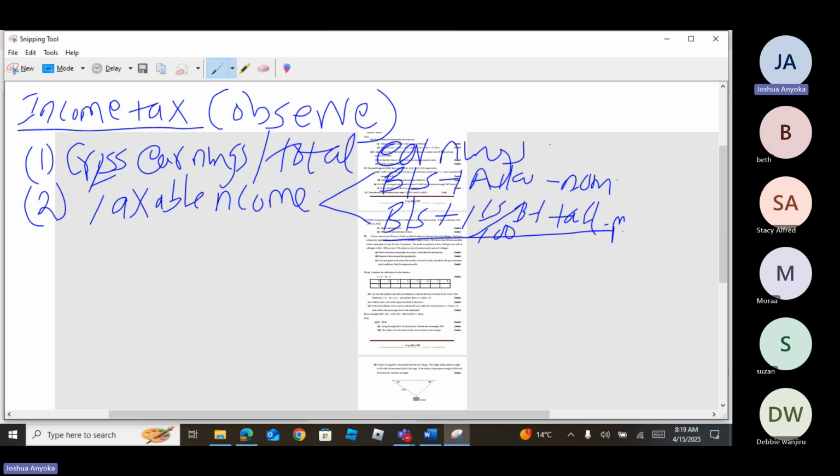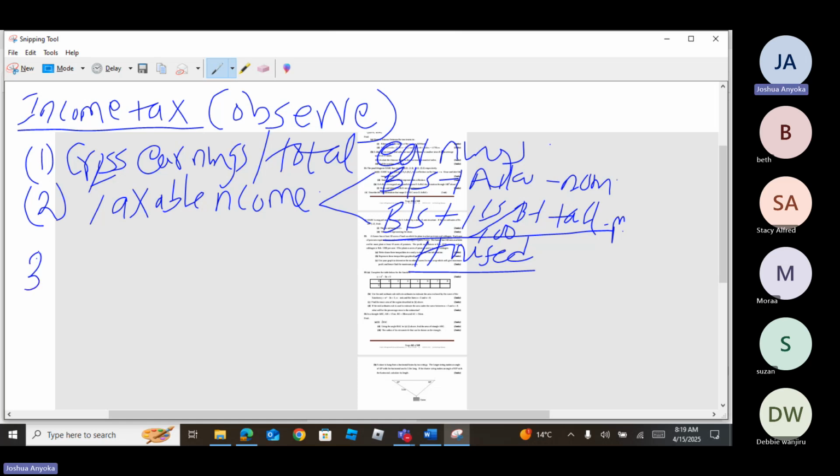This is when the employee is housed by the employer. So in a question, you have to check whether the employee is housed by his or her employer. If so, we have to adopt the second formula.